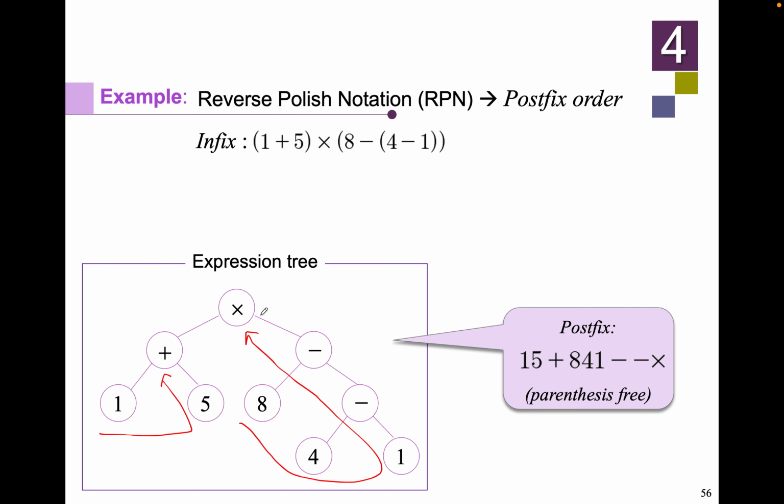Okay, so that's why you're going to have 1, 5, plus, continue with your left, another child 3 there, 8, 4, 1, minus, minus, and lastly your upper parent, I can say that is like the key function there for you, the total parent for all.